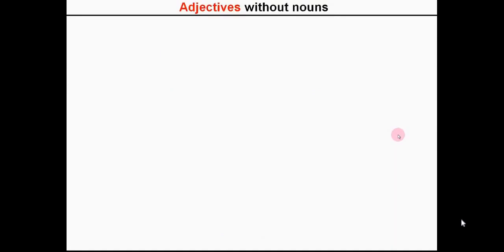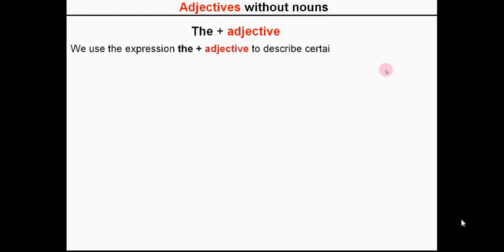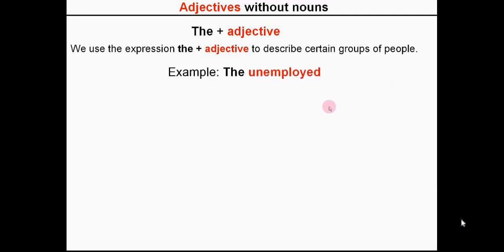Finally, this is quite an advanced subject, but there are certain adjectives where we can use them without nouns in specific situations. And the form is the plus an adjective. We use the expression the plus adjective to describe certain groups of people. Example, the unemployed.